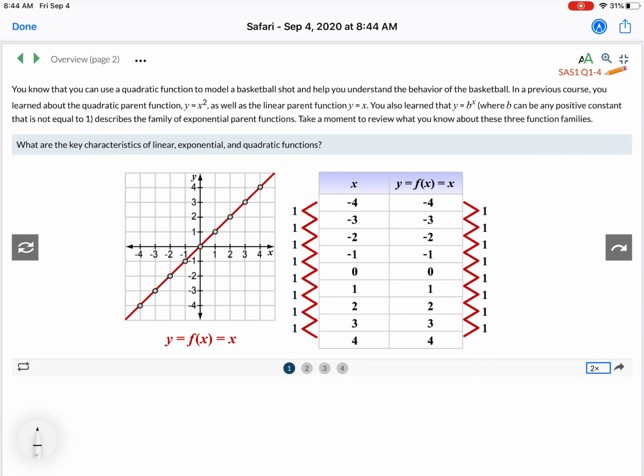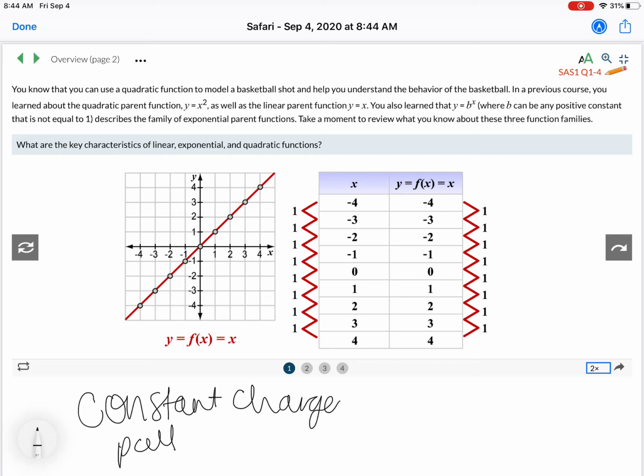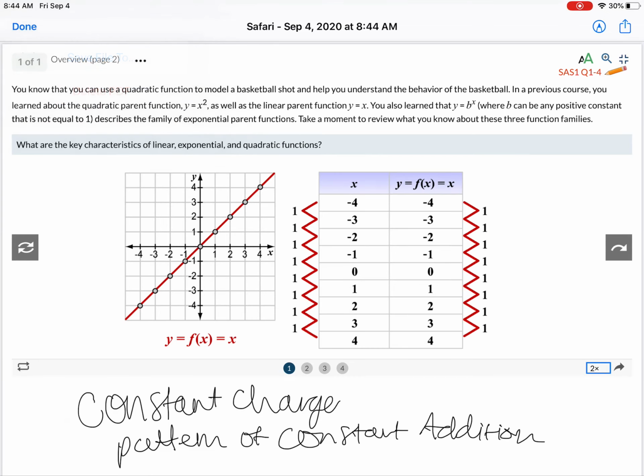Okay, so we're on number 4. So if you don't already have this and you want to write a few things down, know that it is constant change. It has a pattern of constant addition. Okay, so it adds the same thing every time.